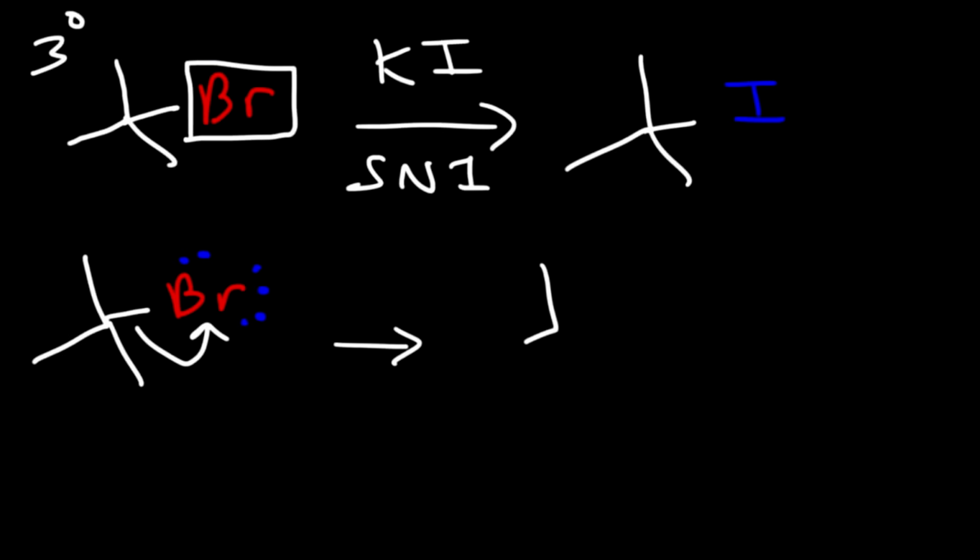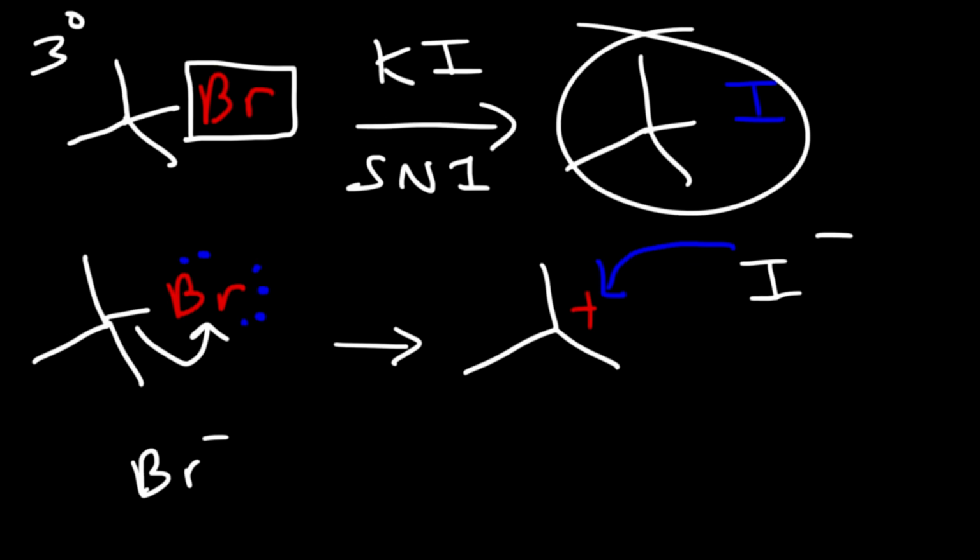And so we're going to get a tertiary carbocation and the bromide leaving group. Now at this point, the iodide ion will react with the tertiary carbocation, giving us this product. And so that's the basic idea behind the SN1 reaction mechanism.